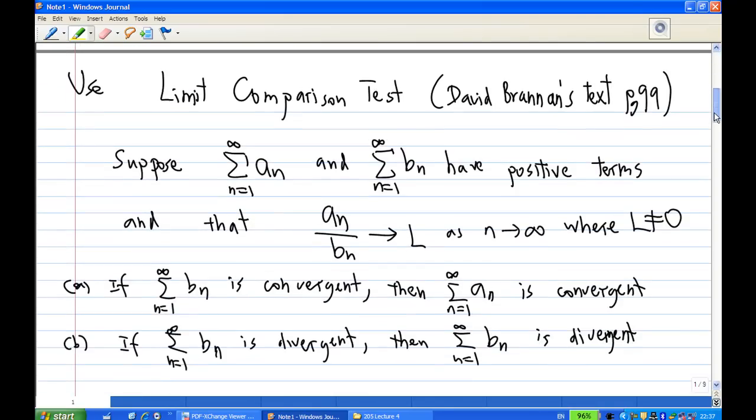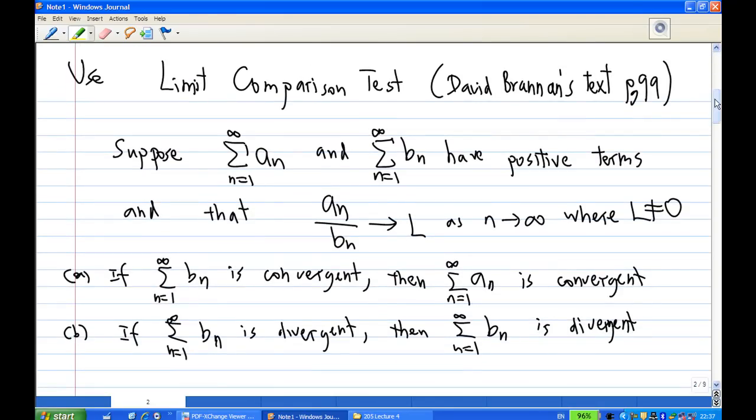The statement of the limit comparison test can be found in David Brandon's text, page 99, which says: suppose the series an and the series bn have positive terms, and that an over bn converges to L as n approaches infinity, where L is a number not equal to 0.